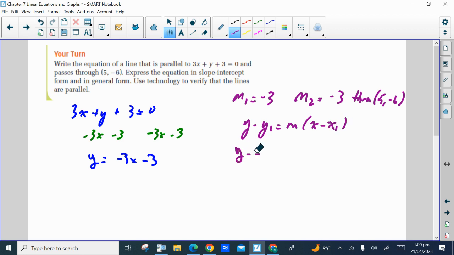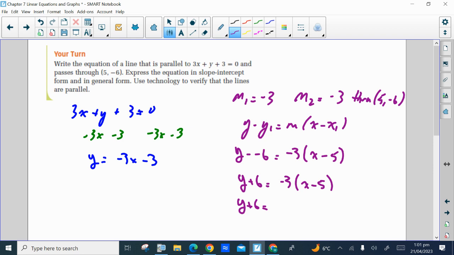So y1 is -6, and that equals m, which is -3 bracket, x minus x1, which is 5. The minus minus becomes a plus. So we'll have y plus 6 equals.